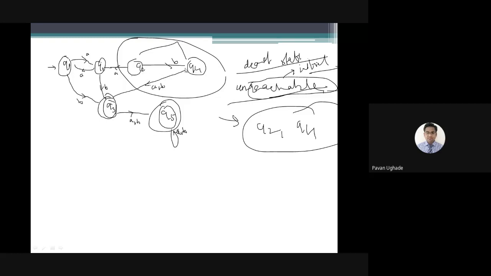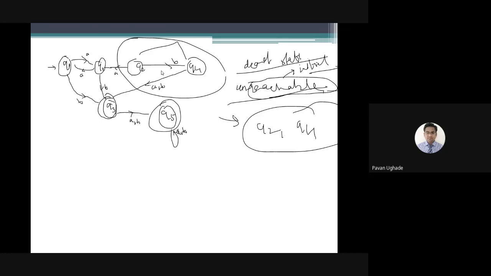So there is no meaning to have a transition from q2 to q1 over a, or from q4 to q3 over a and b. We are not able to reach q2 and q4, so there is no meaning to have the path from q2 and q4, which may lead to the final state.